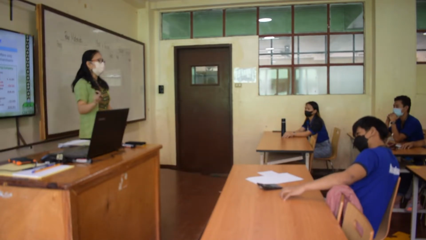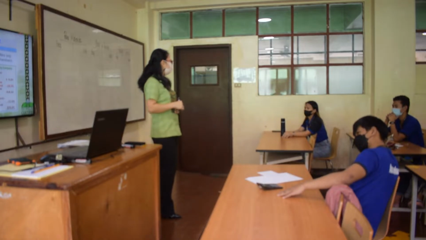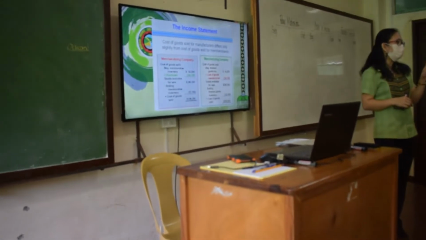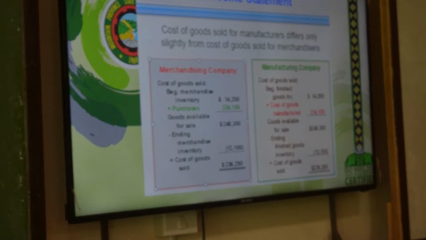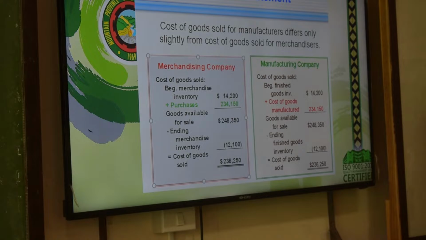For you to compute the cost of goods sold, the beginning inventory is on top. You add the purchases, that is goods available for sale. So the sum of the beginning inventory and the purchases is goods available for sale. You should be familiar with that one. From the goods available for sale, you deduct the ending inventory, and you will come up with the cost of goods sold.